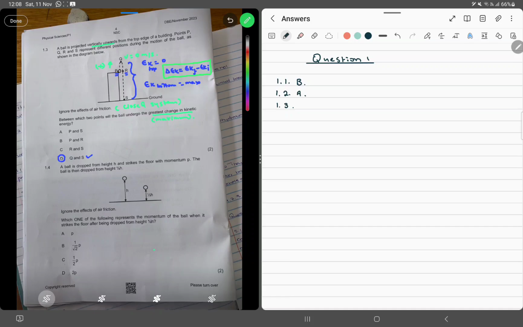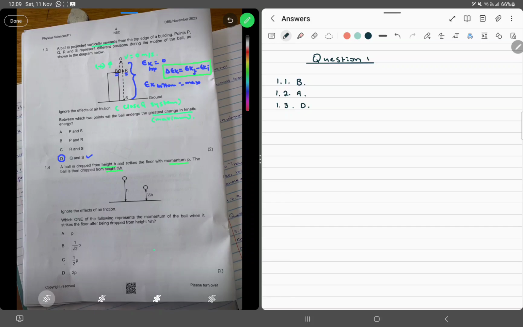Okay, good. Now a ball is dropped from, 1.3, we're choosing D. So a ball is dropped from height h and strikes the floor with momentum p. Okay, now the ball is dropped from a height, so basically we've got height h and a half of h.